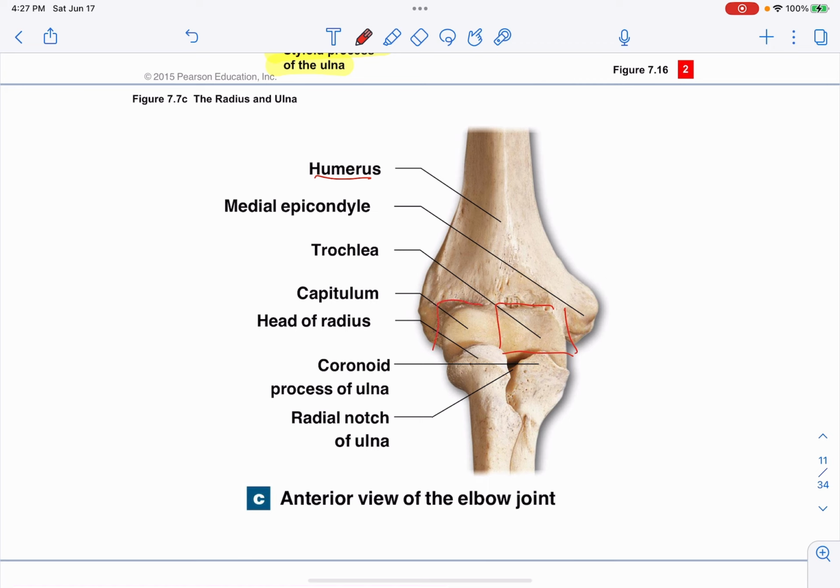Here is the capitulum region here, and you can see how these two areas articulate with the ulna. The ulna is here and the radius is here. This is the head of the radius, and here is the ulna. You can't see all of the features because this is an anterior view.